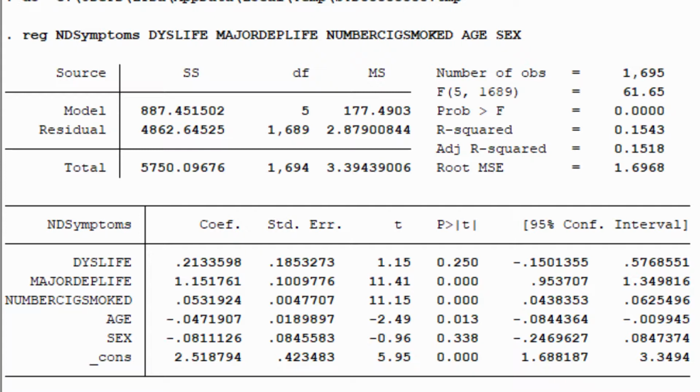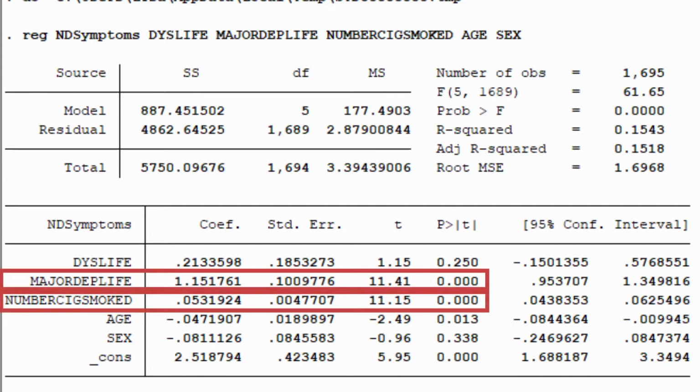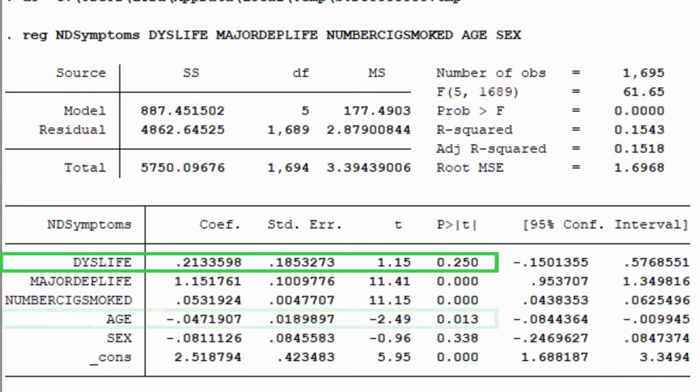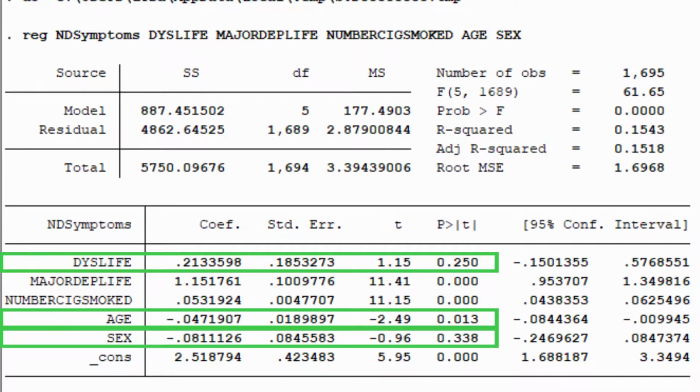Here we can see that when evaluating the independent association among several predictor variables and number of nicotine-dependent symptoms, major depression and number of cigarettes smoked are positively and significantly associated with number of nicotine-dependent symptoms, while dysthymia, age, and gender are not. The code for the multiple regression in this example is reg nd symptoms dyslife, major dep life, number sig smoked, age, sex.